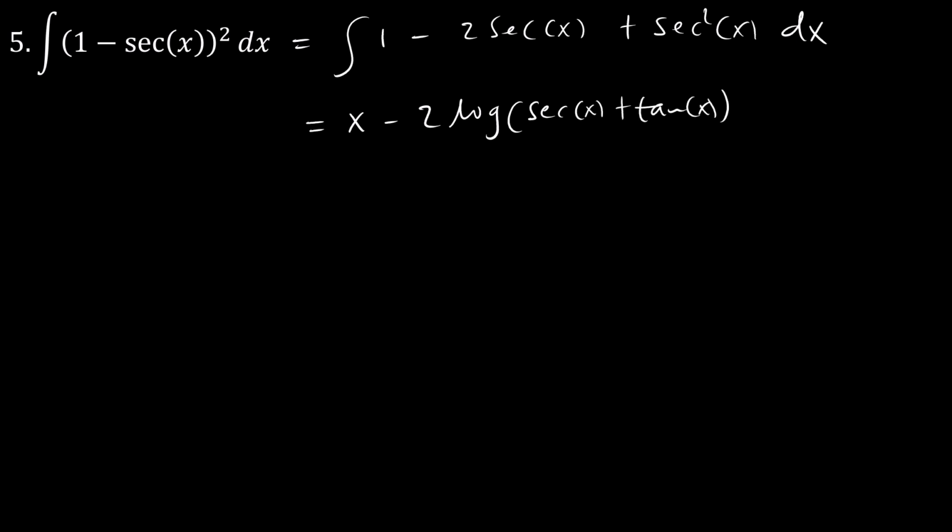So that's what you get when you integrate secant of x, plus the integral of sec squared x, which is the same as tangent of x, and plus integration constant c.